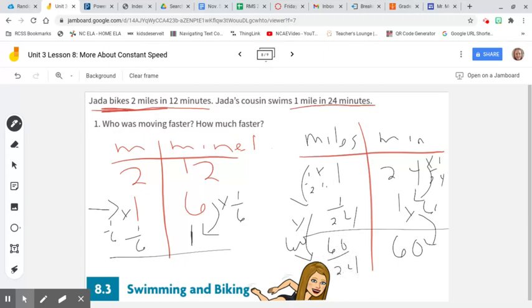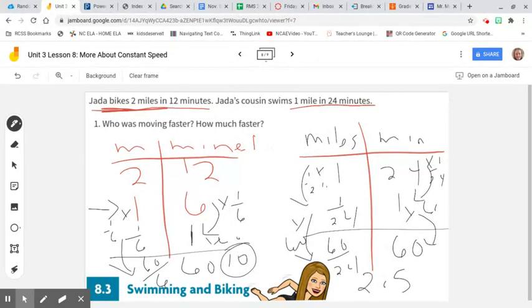Okay, so 60 divided by 24 is 2.5. And we do the same thing over here. 60 minutes, we multiply by 60. So we have 60/6, which is 10. Okay.